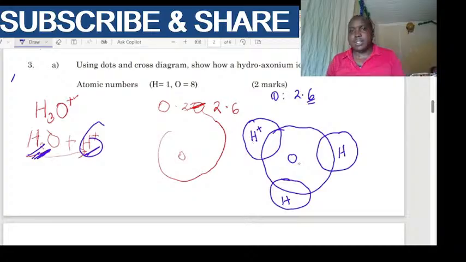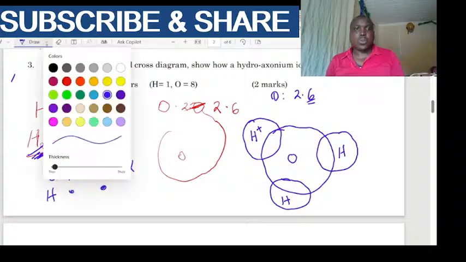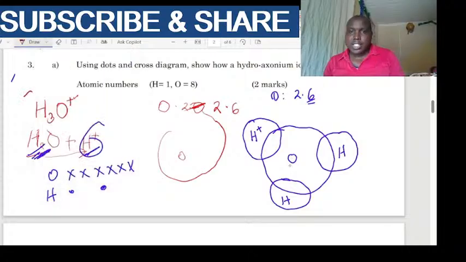Now this oxygen has how many electrons? Let me write them outside, because inside here is supposed to be very clean. If you put a dot here, it is counted as an electron. So oxygen has 1, 2, 3, 4, 5, 6. The two hydrogens have 1 each. Oxygen and hydrogen will bond covalently.